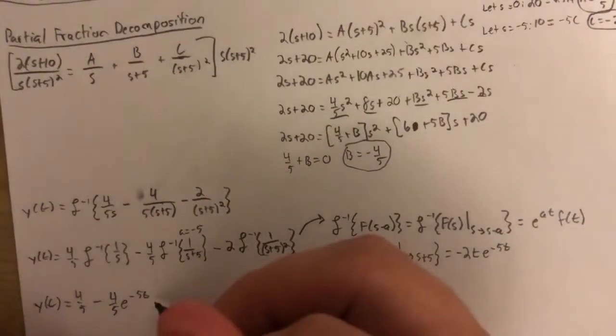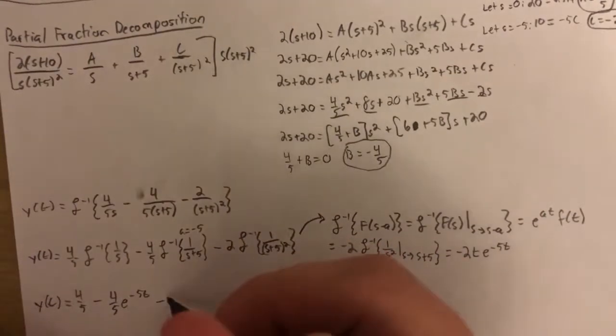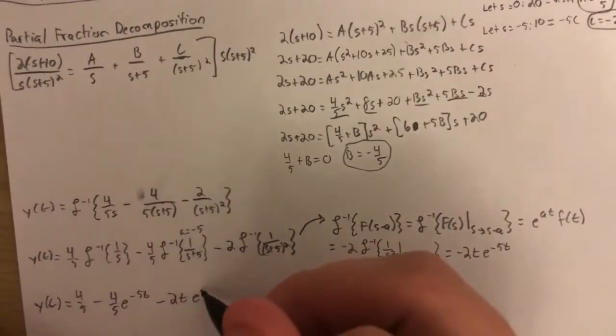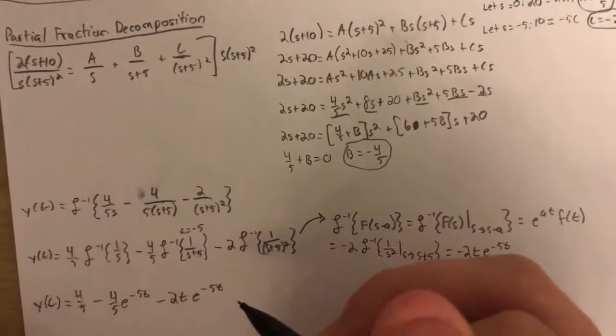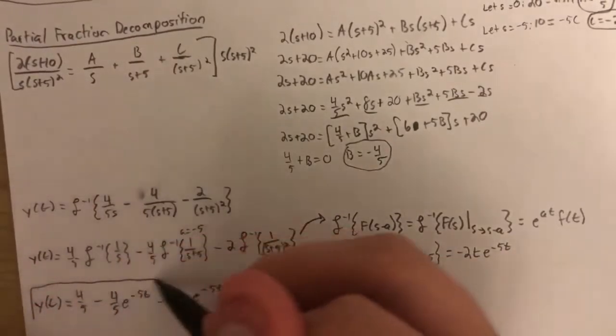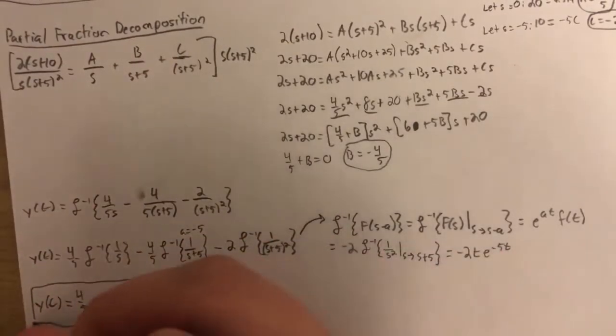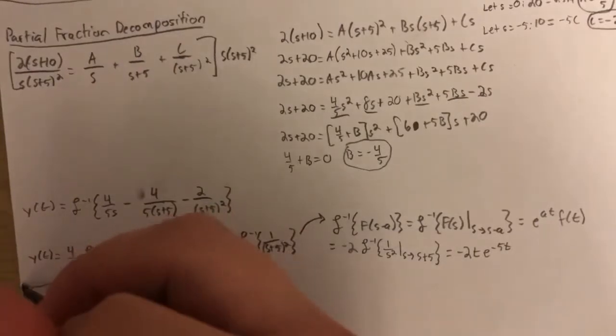So then we just plug that in down here, -2t e to -5t. And that's it. We get our solution of the problem, y of t. That's the answer of part B.